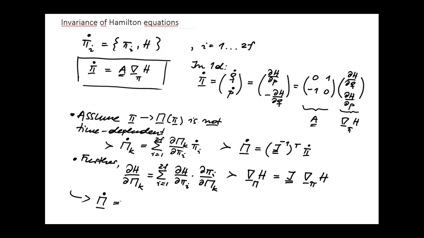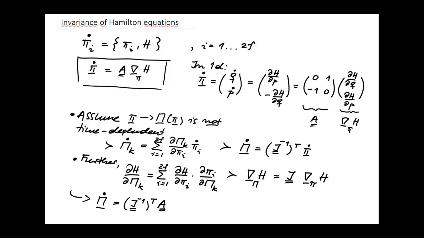So we have the inverse Jacobian transpose acting on little pi dot, but little pi dot we know from the box up there, that is the matrix A applied on the gradient of the Hamiltonian.